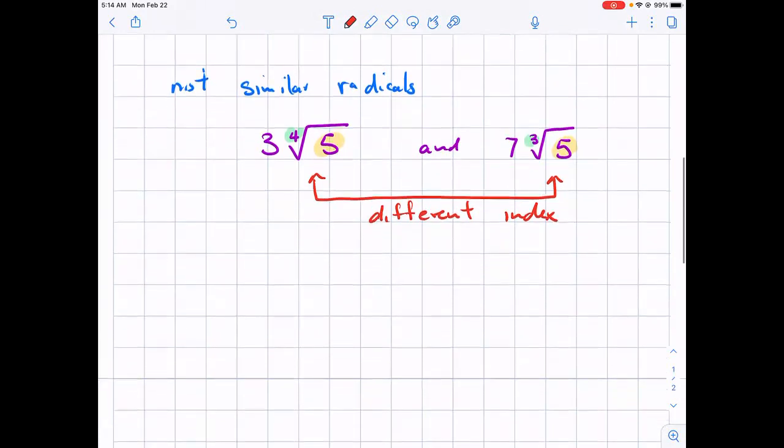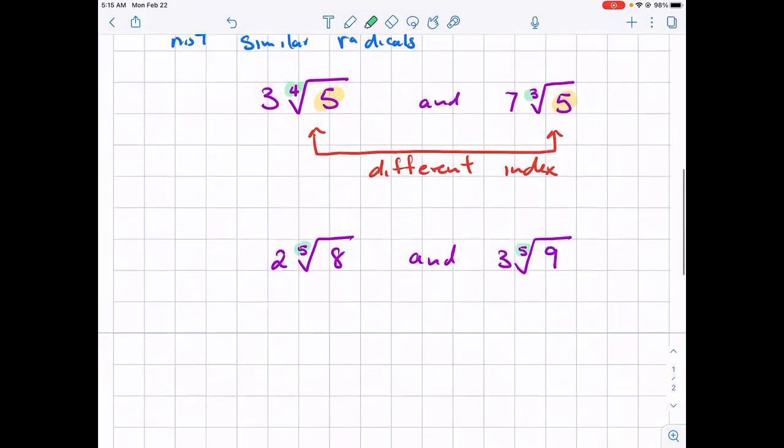Now, if we have, for example, 2 times the 5th root of 8, and here we have 3 times the fifth root of 9. In this scenario, the index are the same, okay?